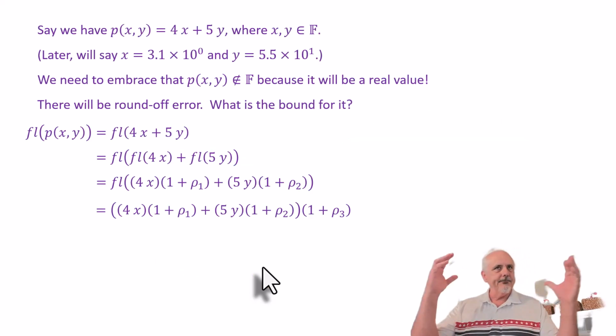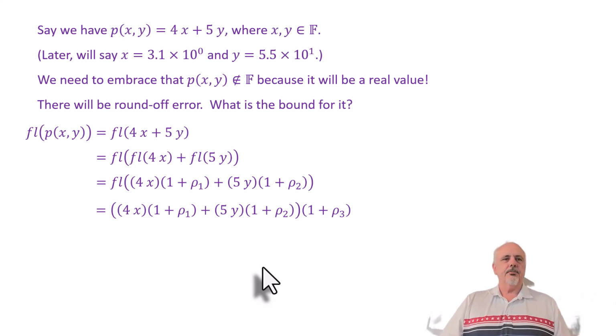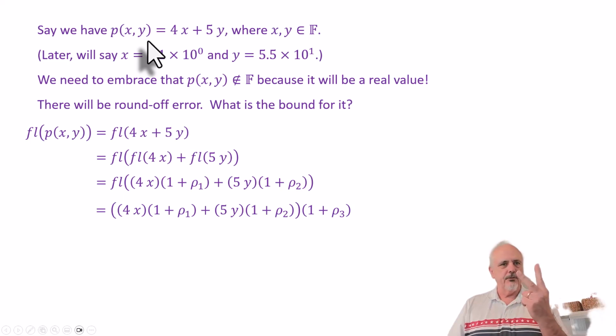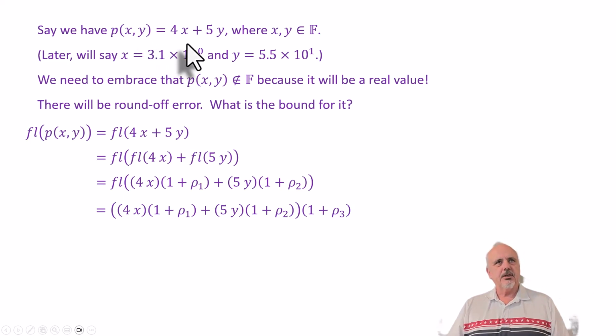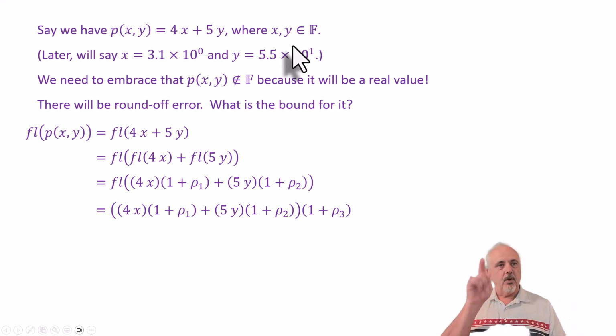All right, so let's take a look at a normal multiplication and addition type of sequence, where I've got a function p of two variables, x and y, and it's going to be 4 times x plus 5 times y. I'm going to be clear, x and y are floats.